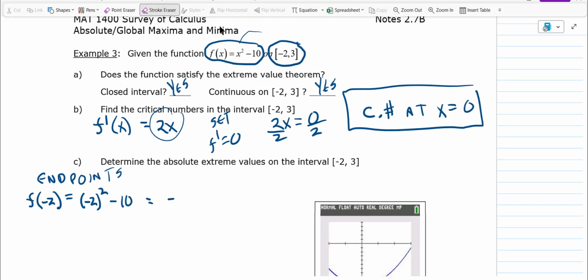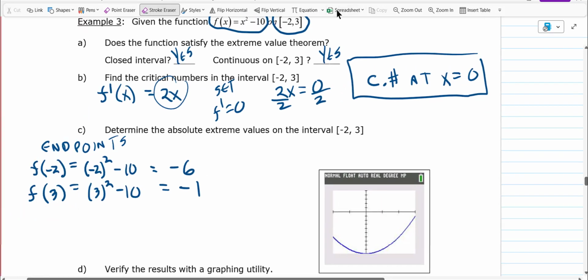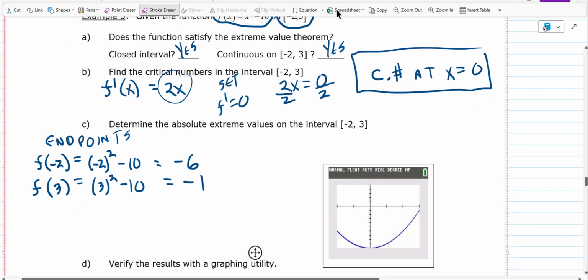That's 4 minus 10, which is negative 6. So you just find the y value of the endpoints. Then f of 3, the other endpoint of your interval: 3 squared minus 10. That's 9 minus 10, which is negative 1. So we look at the endpoints first, then we look at the critical numbers.